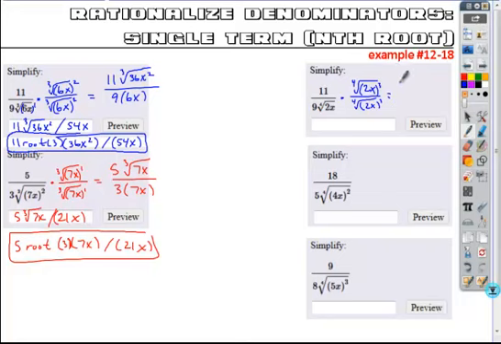And so here we're left with 11 times the 4th root of 2 cubed x cubed all over our denominator, which is 9, and then the whole base, 2x, comes out. And so we get 11 times the 4th root of 8x cubed, all divided by 18x. Again, make sure you have your denominator grouped in a set of grouping symbols.